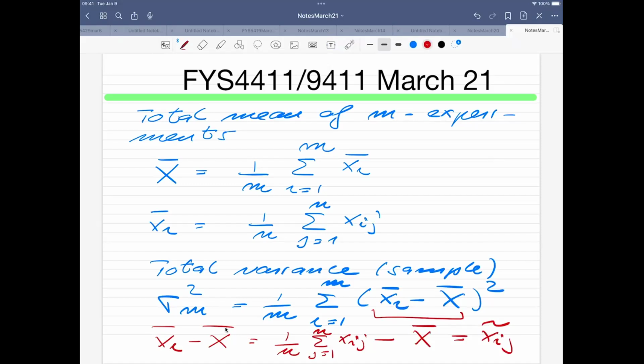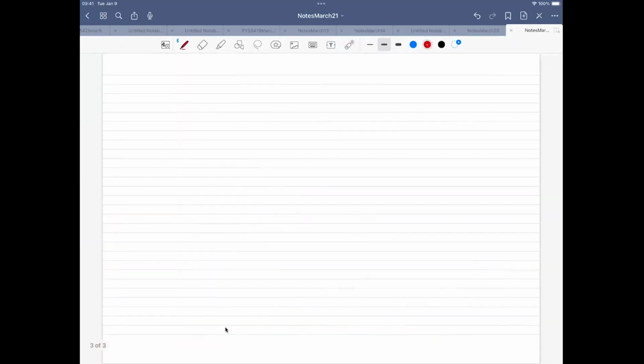And if I then look at the sample variance, if I now plug in these variables, so let's just go back to this expression. The sample variance, which I have, this sigma squared m, is then going to be equal to, just a moment. The total sample variance is given by 1 over m, this is the number of experiments, and this has now a sum.